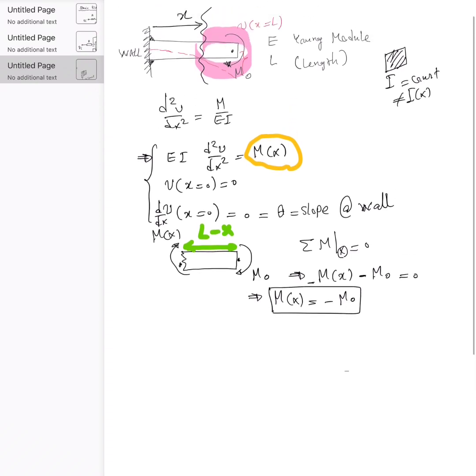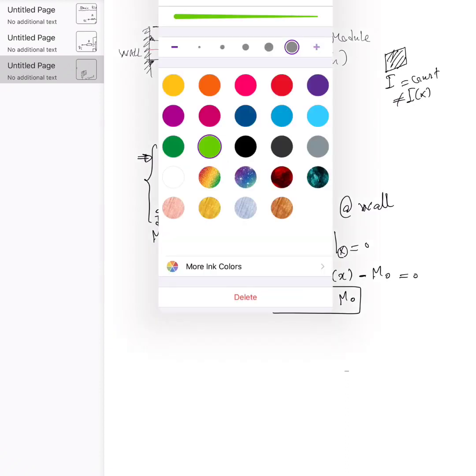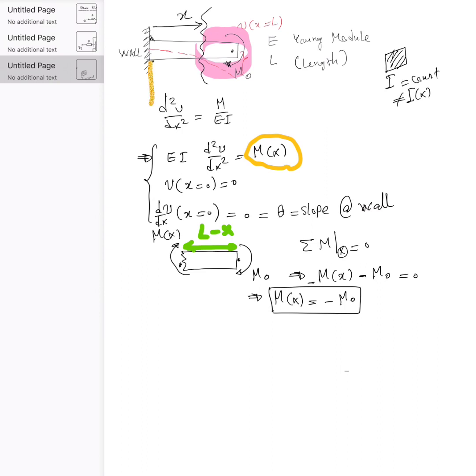So if I want to draw the moment diagram, I simply, if I draw it here, let's use another color, like this. So the moment diagram is simply, if this is x, moment versus x is simply a negative number from beginning to the end, and is equal to negative M0. This is the internal moment diagram.